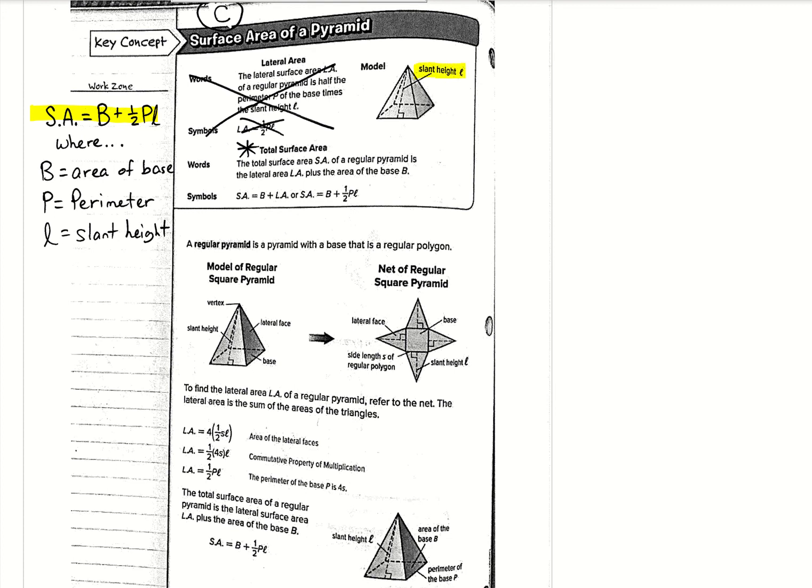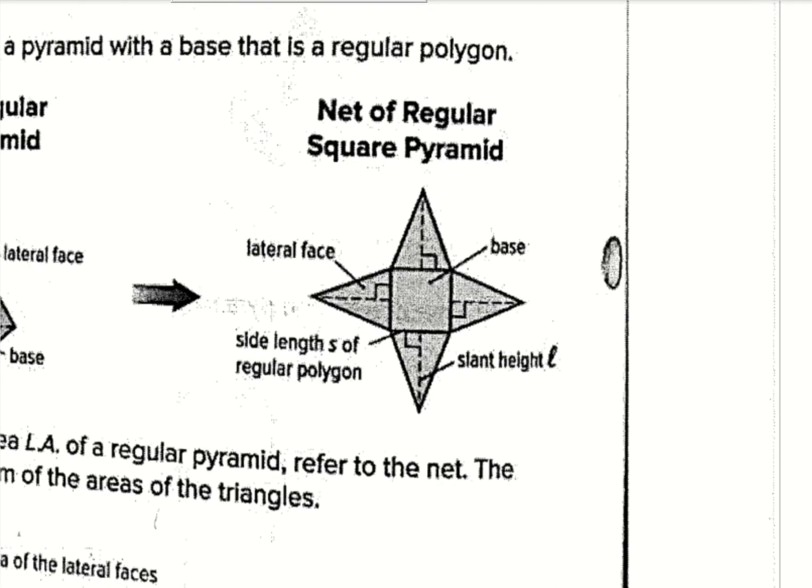So slant height is, if you look at the net, going to be this dotted line right here. All right.